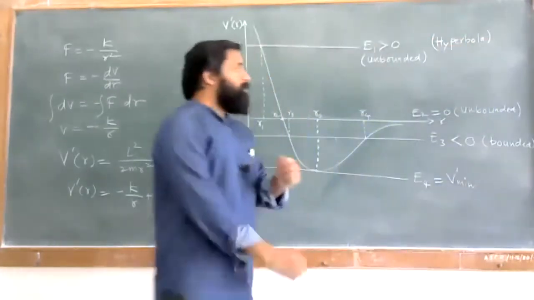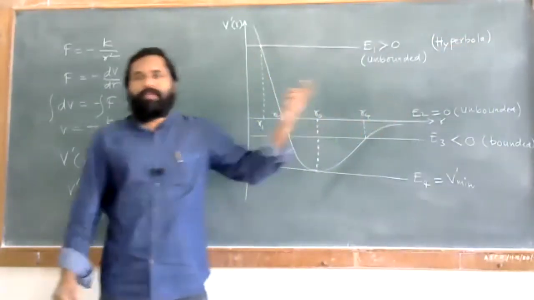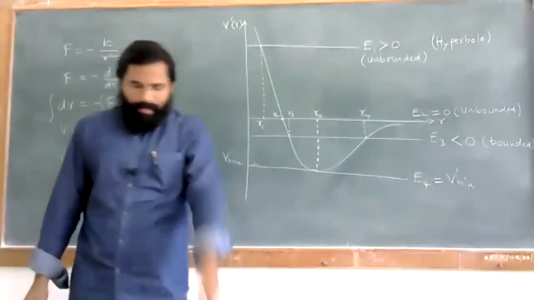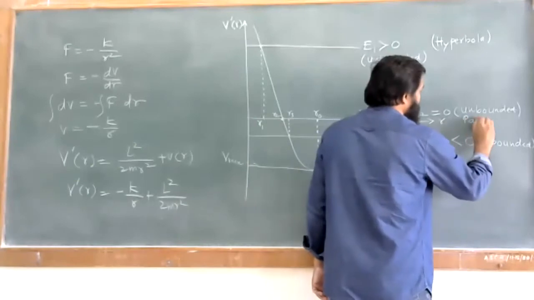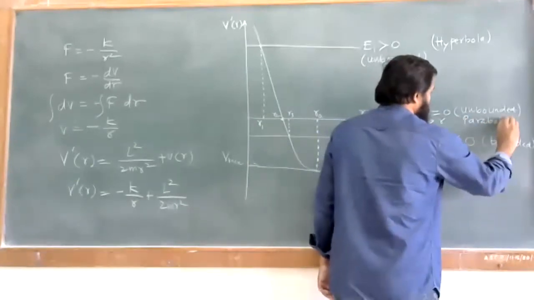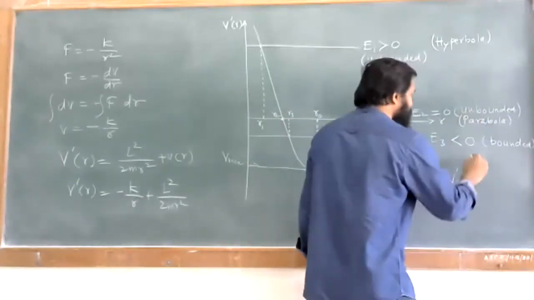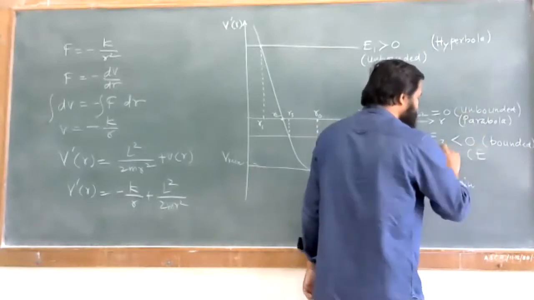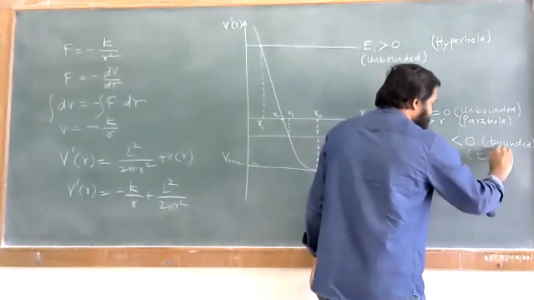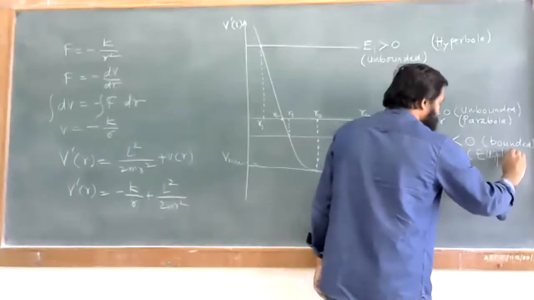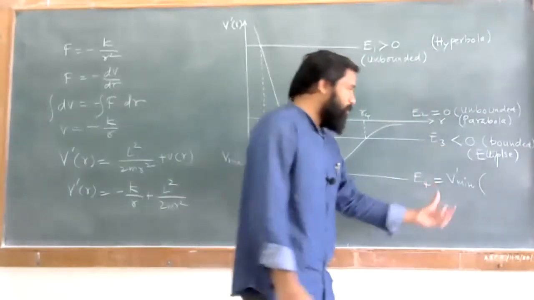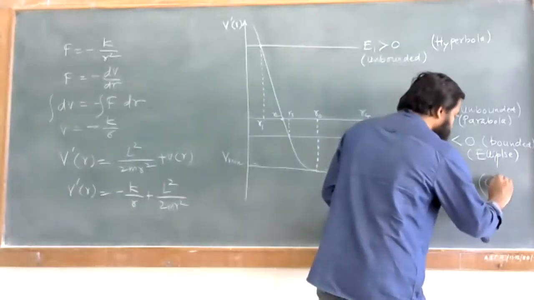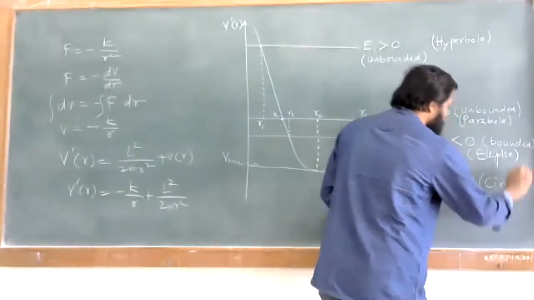Okay, the second point, that is E2 is equal to 0, if you can remember, that represents a parabola. Okay, the third point, that is when E3 is less than 0, it will represent an ellipse. And for the fourth point, when E4 is equal to V dash minimum, it represents a circle.